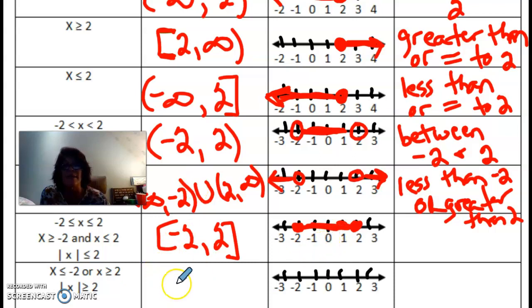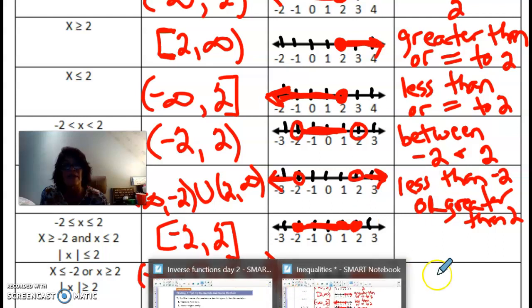This one is the same as above, except again, it has the equal to sign. So I'm going to say -infinity to -2 bracket in union with bracket 2 to infinity. So I have everything bigger than 2, everything less than -2, and including those.